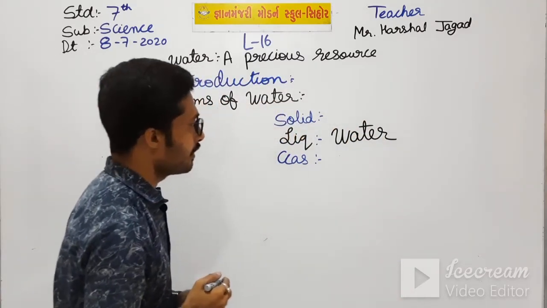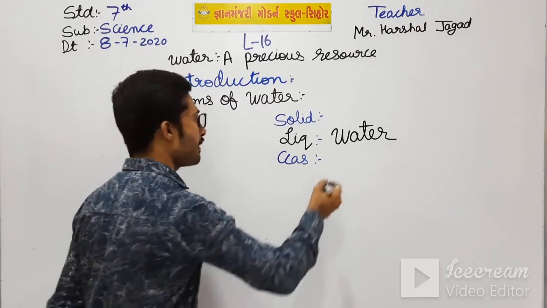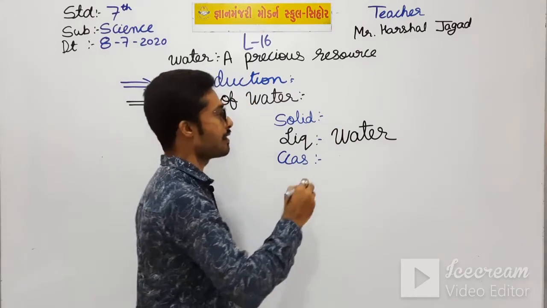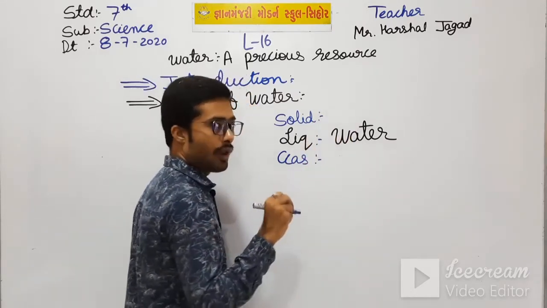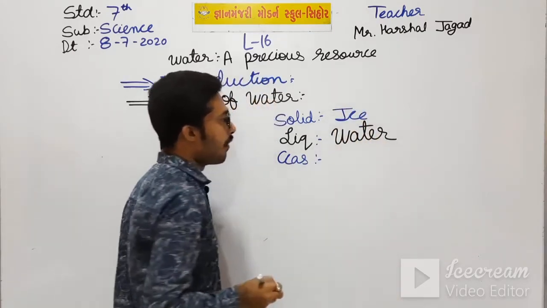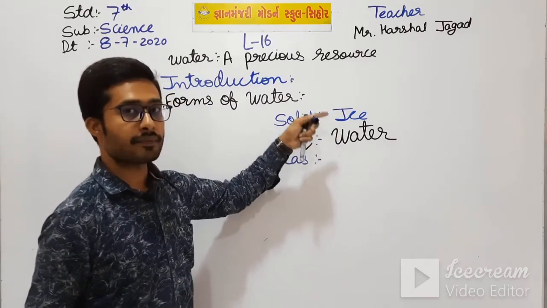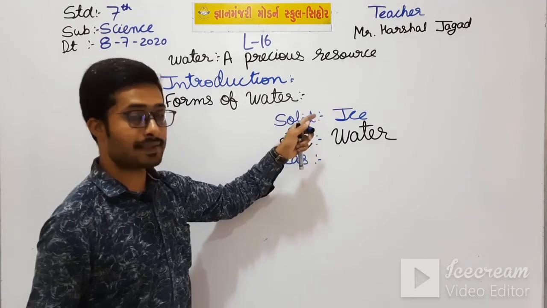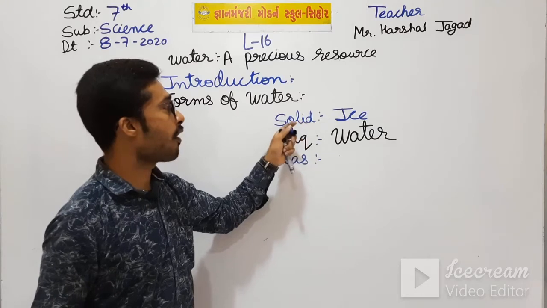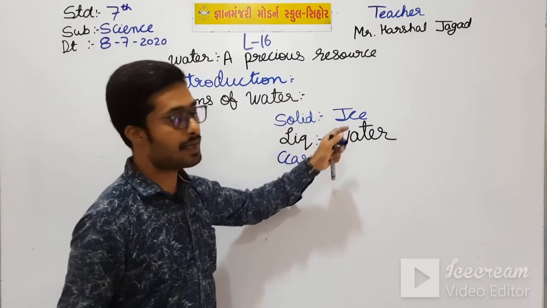Okay, students, and then when the water is cooled at less than 0 degrees Celsius, then it forms its solid state, which is known as ice.